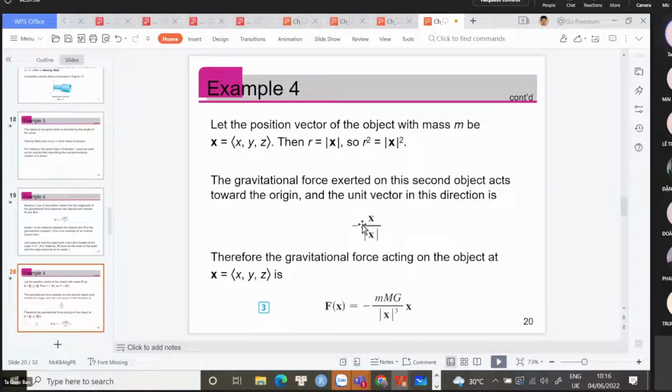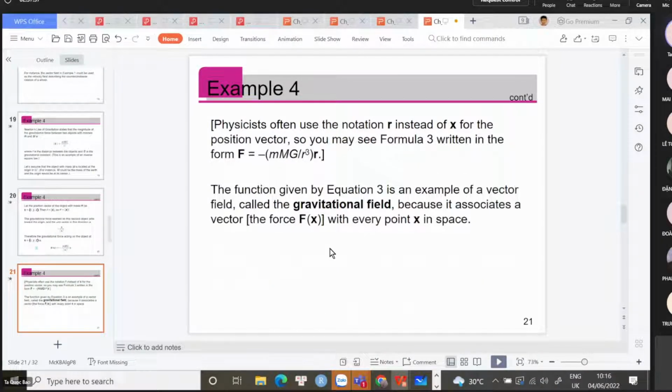This is like this. So therefore F can be represented by this formula. Okay, so this is an application in physics of vector fields.